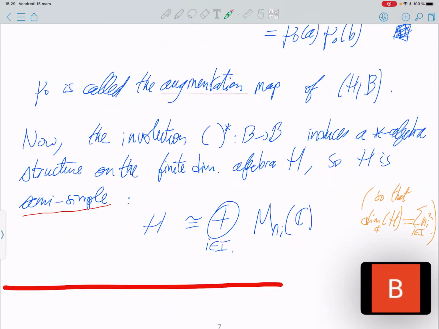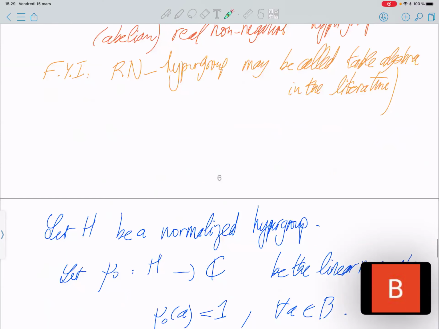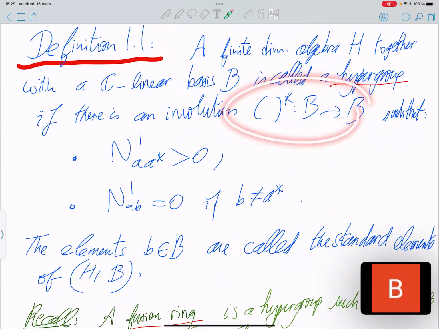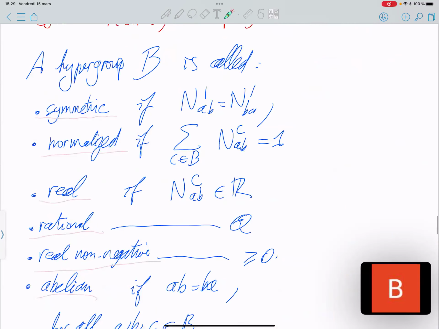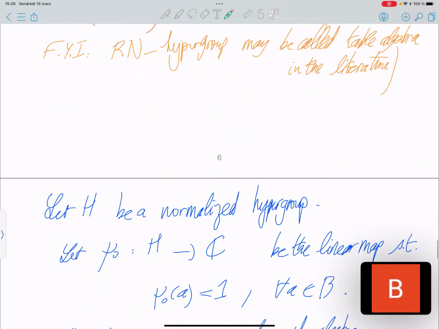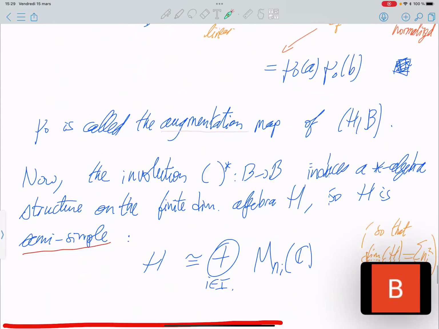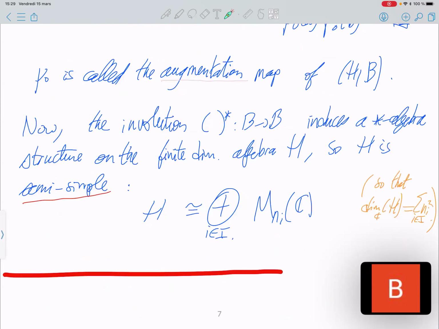So the star structure, where is it? Here, the star structure in the definition of a hypergroup, in fact, provides a star structure on the finite dimensional algebra. So it's a finite dimensional star algebra, so it is semi-simple. So it is semi-simple, then it decomposes into matrix algebra. Okay.